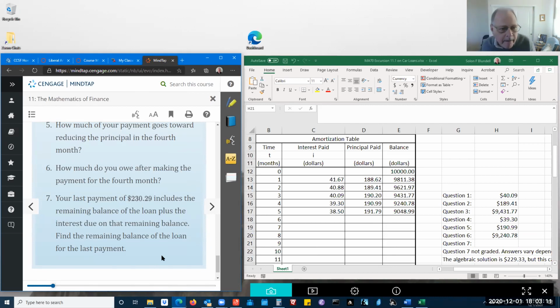So your last payment, if it's a 4-year loan, and if the $239.29 was just exactly the right payment to make it finish in 4 years after 48 months.